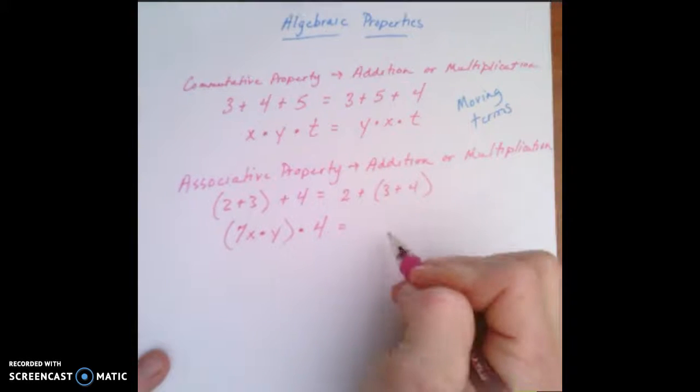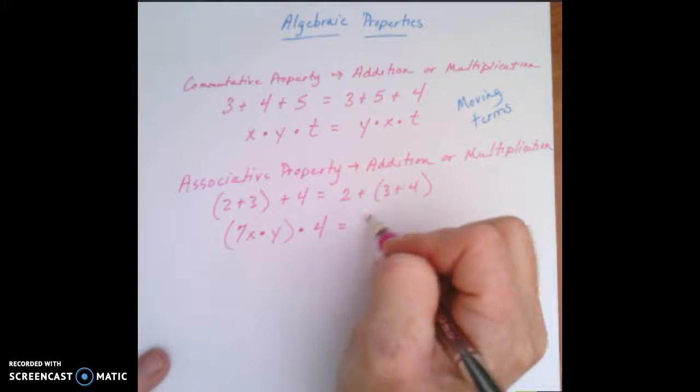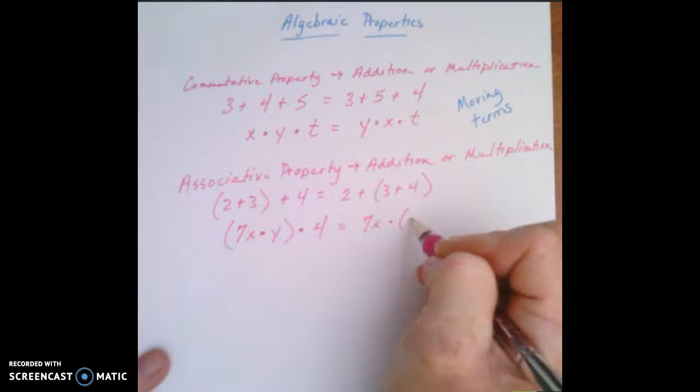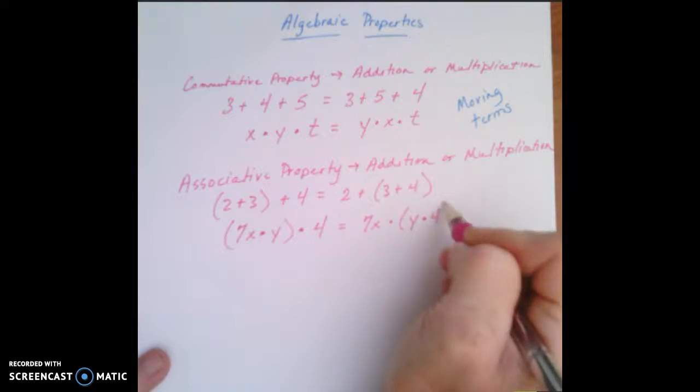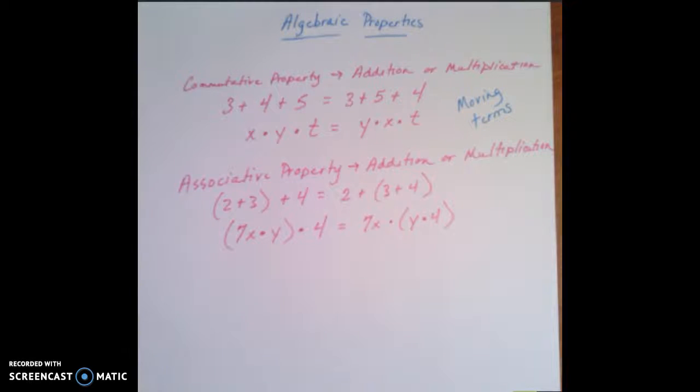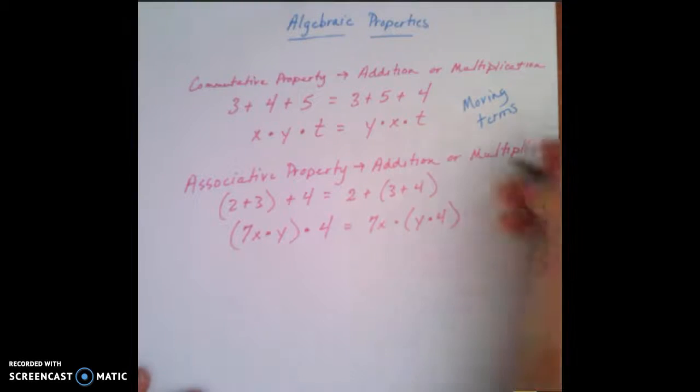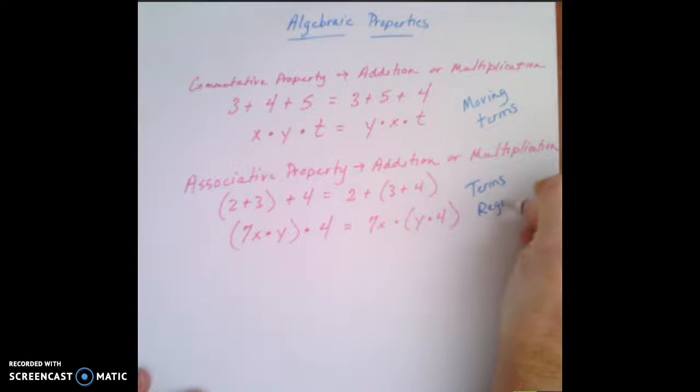And this can be rewritten as 7x times y times 4. So all we are doing with the associative property is regrouping. Notice the terms are not moving, they are just being regrouped. So the terms are regrouped.